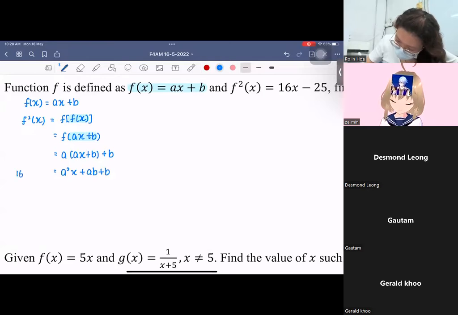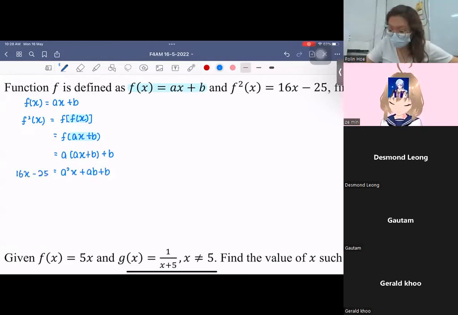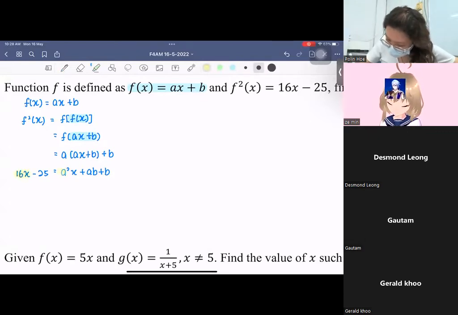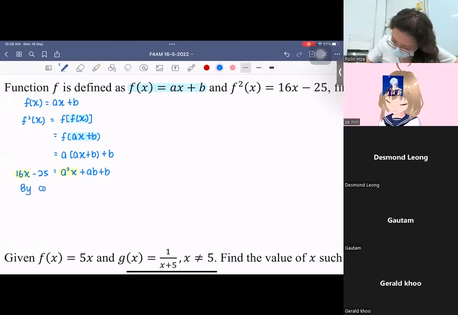This is from the question, 16x minus 25. So you have to group it together. You see, x with x, 16x will be equal to a squared x. By comparison, 16 equals a squared.